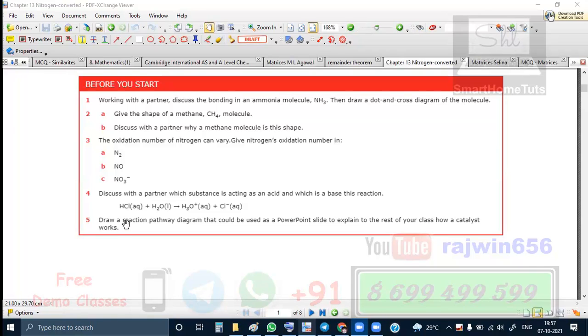It's donating a proton. Okay, HCl will be acting over here as an acid because it is a proton donor, while H2O will be acting as a base because it is a proton acceptor. Okay.